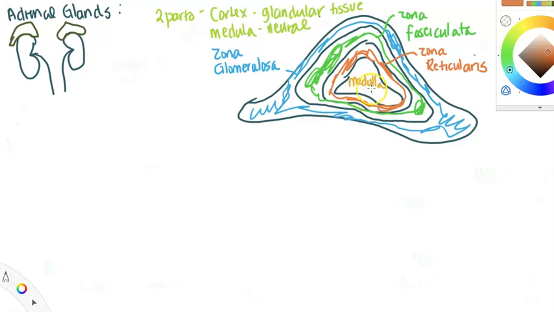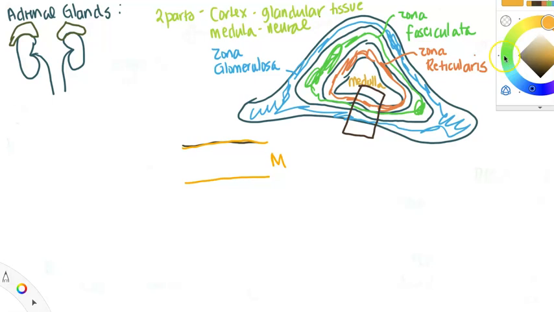So if we take a chunk of it and look at the layers, starting with the medulla, we'll have the medulla here.